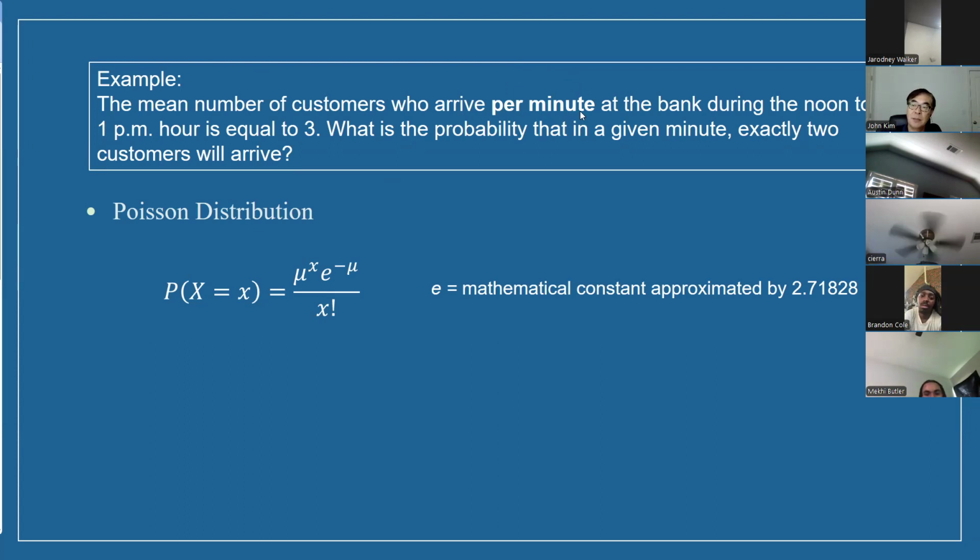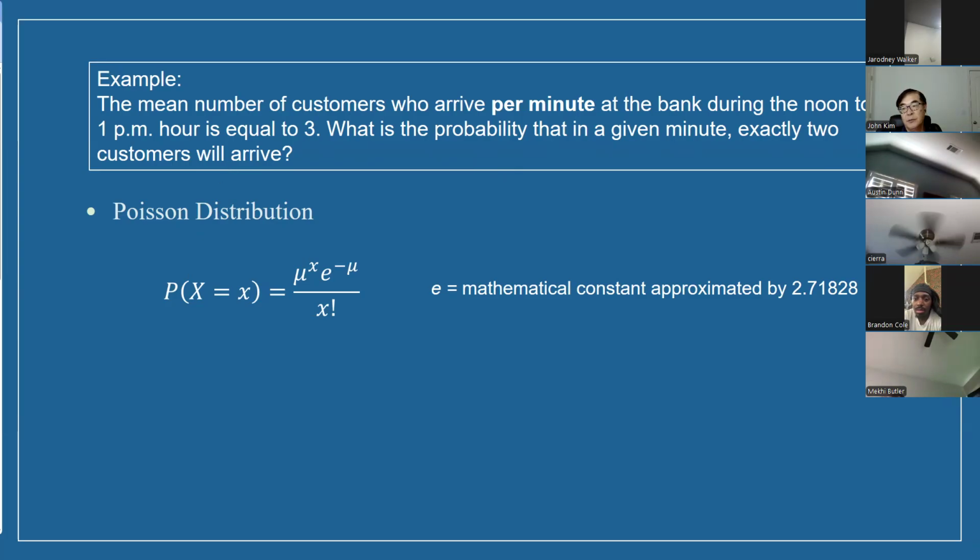So every minute, how many customers come? We count, and on average, 3 customers. So this is a Poisson distribution, and we will use it to find the probability. What is the probability that in a given minute, exactly 2 customers will arrive?